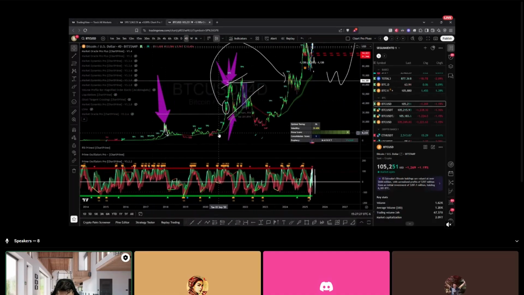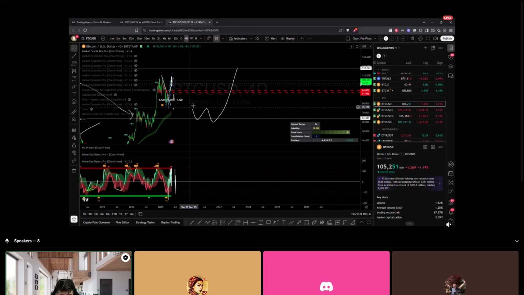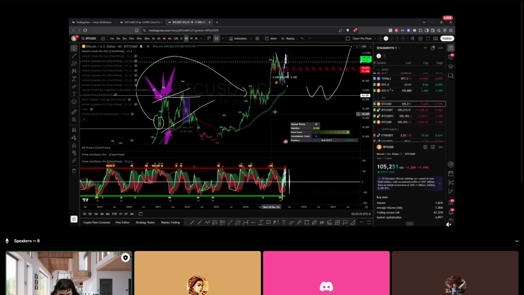From bottom to top, it should already be playing out, which means we could have a slightly higher high, but then a retracement. Maybe in this cycle we have a triple top. I don't know that; at this point I'm speculating. I believe it's going to be almost an exact replica of this one, but bigger.